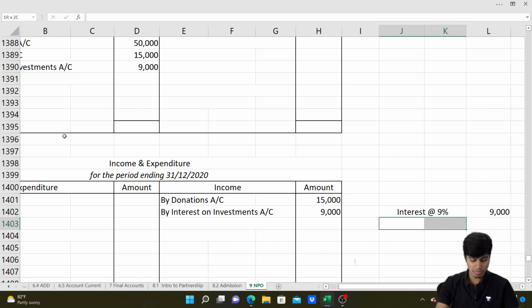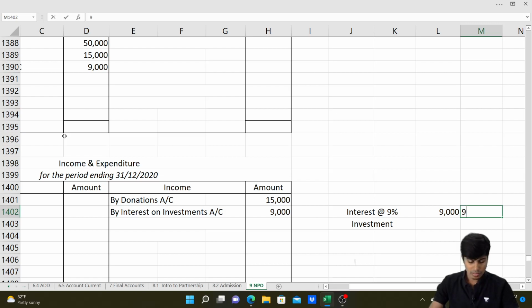So how much will be investment? It's very simple. 9% is 9,000. How much is 100%? Just do cross multiplication. If it is this much for this much, then how much for this much?